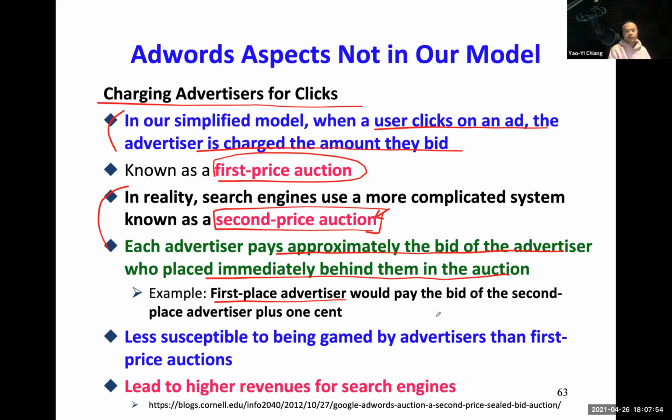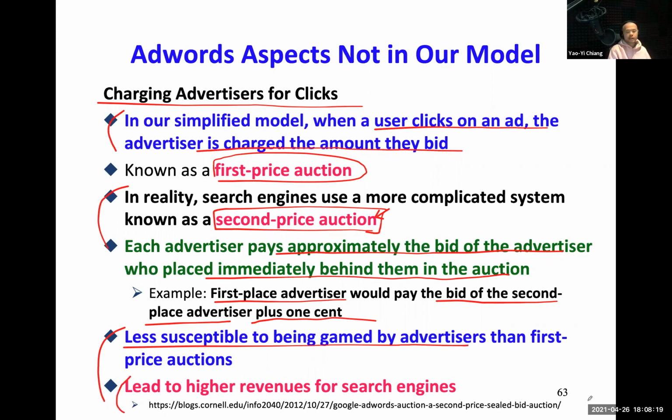You will charge them the amount of the bid of the second place advertiser plus maybe 1 cent. So ideally, this approach, second price auction, is less susceptible to being gamed by advertisers than first price auctions. So this is very interesting.